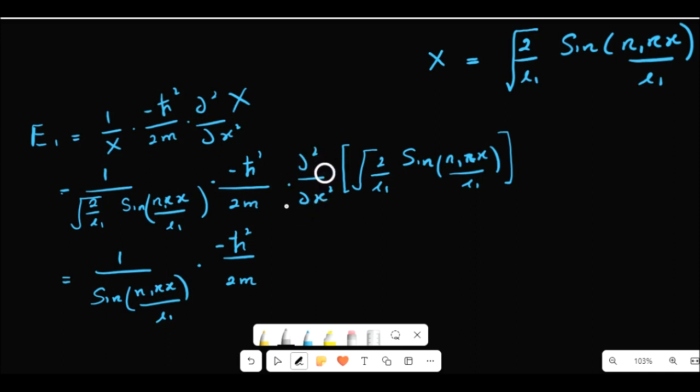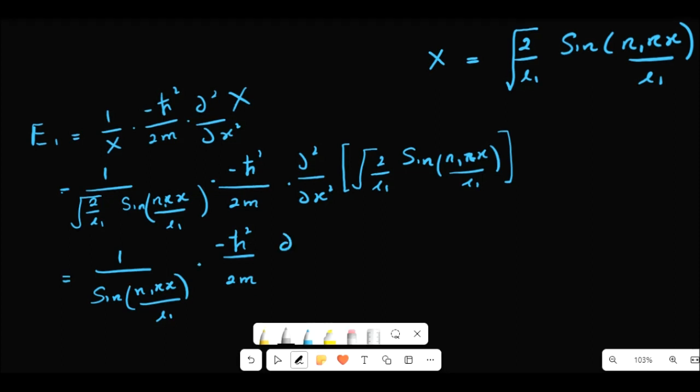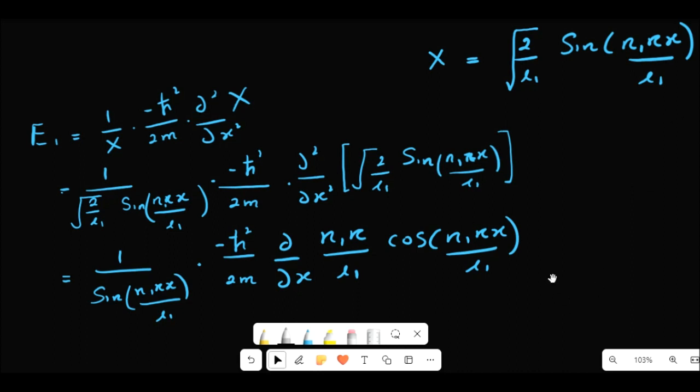Let's do one derivation. With derivation sine converts to cos, and this inside part other than the x, we have to differentiate again, right? Here I'm going to differentiate this one time. So here we have taken out the n1 pi over L1 and the sine derivative, which converts into cos n1 pi x over L1. Now we have to do the derivation again, right?